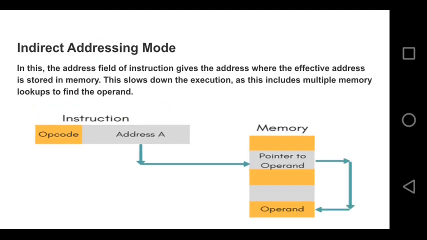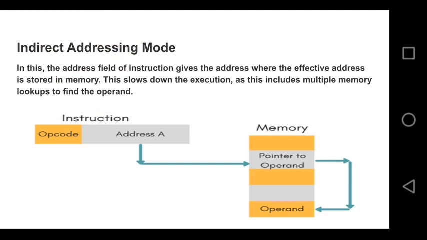And next is indirect addressing mode. It is not register indirect mode, it is just indirect addressing mode. In this, the address field of the instruction gives the address where the effective address is stored in the memory. This slows down the execution as this includes multiple memory lookups to find the operand.